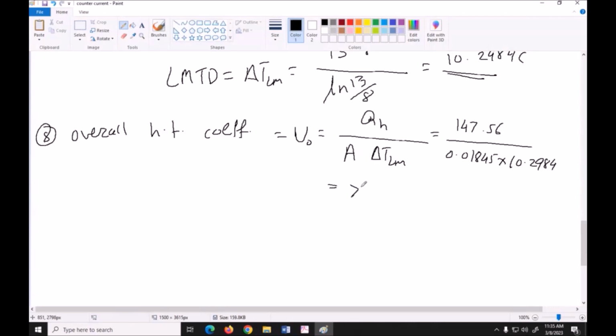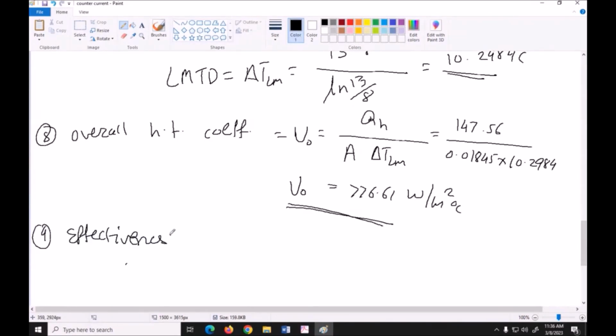So here you will get 776.61 watt per meter square degree centigrade or Kelvin. This is for co-current, and for counter current 1100 something, and for co-current 776. So counter current heat exchanger is more effective than co-current heat exchanger.